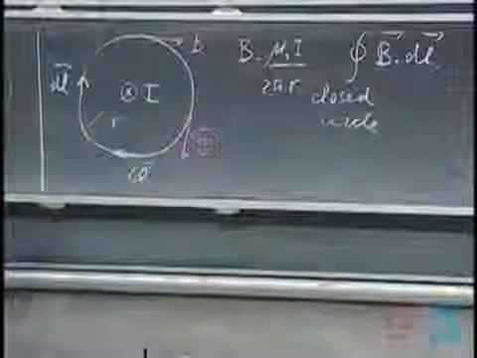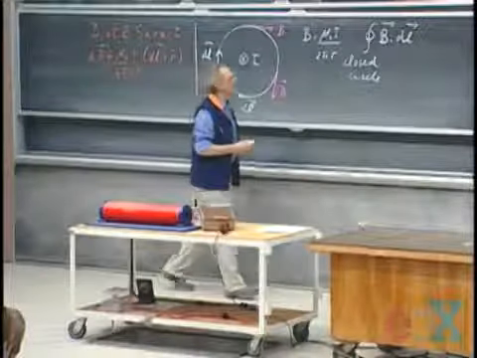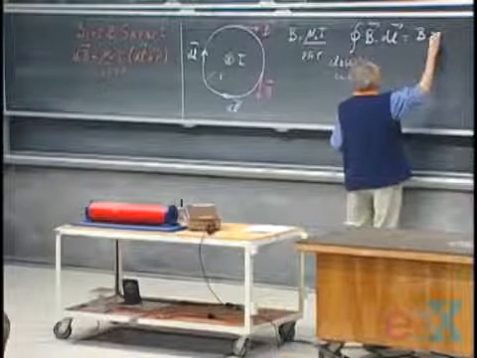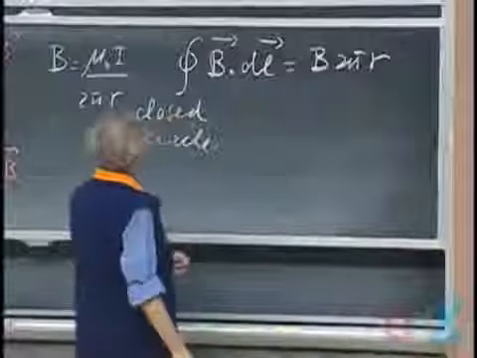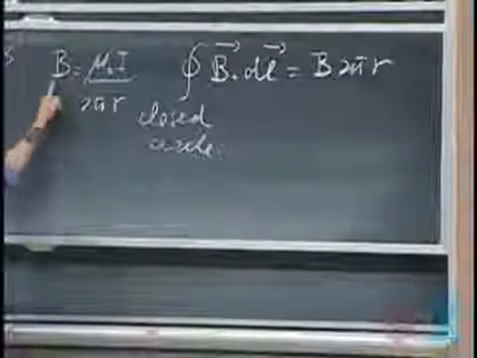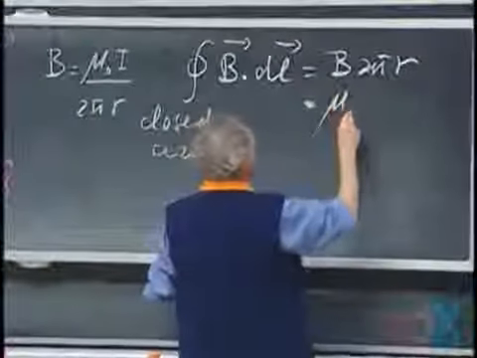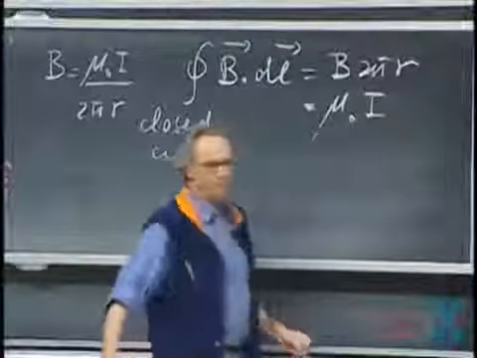B and dl are in exactly the same direction everywhere, so this obviously is B times 2 pi r. But B times 2 pi r equals also mu zero times I.